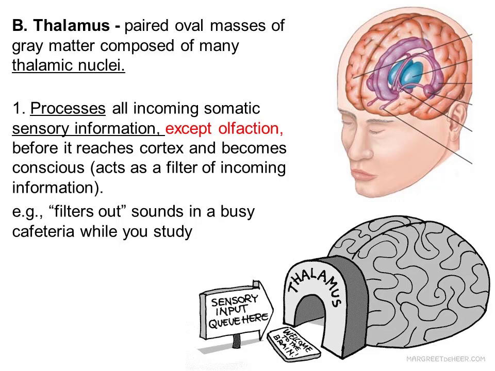Now, the only sensory information we're not going to process in the thalamus is olfactory information. But what we're going to see is that the thalamus isn't so much amplifying this information as much as it is filtering out the extraneous information.